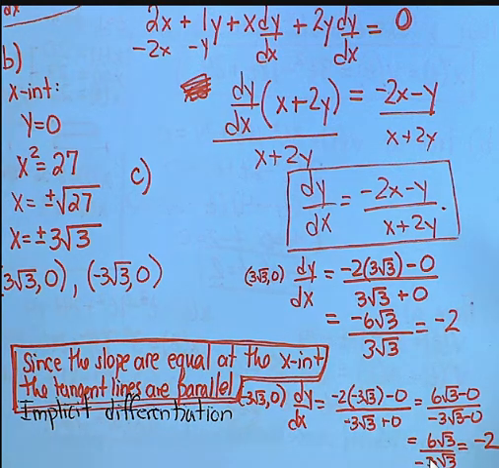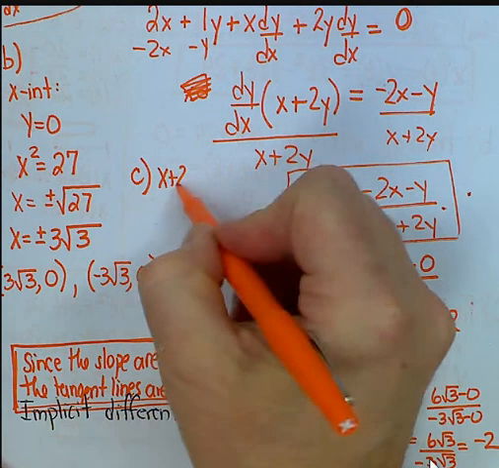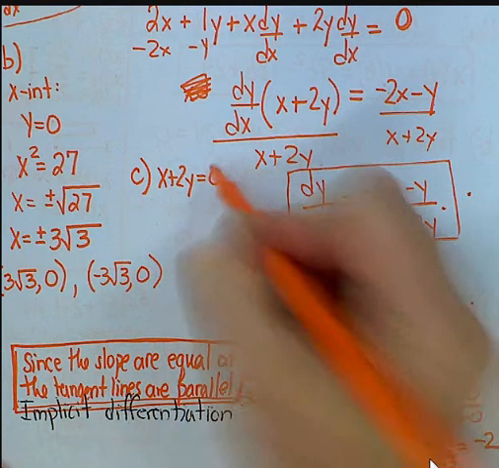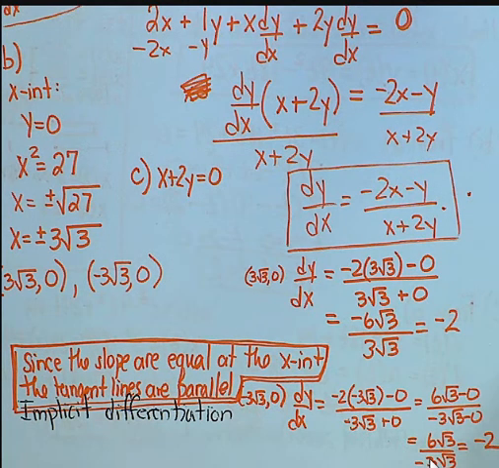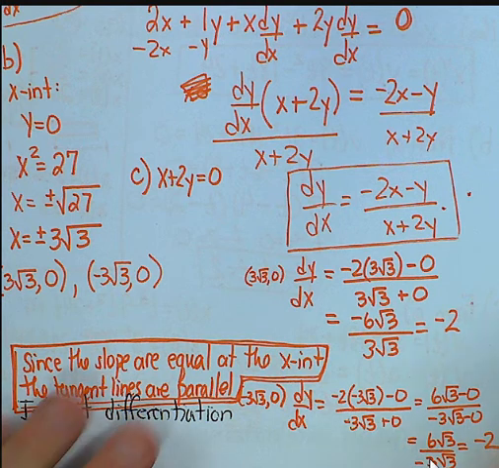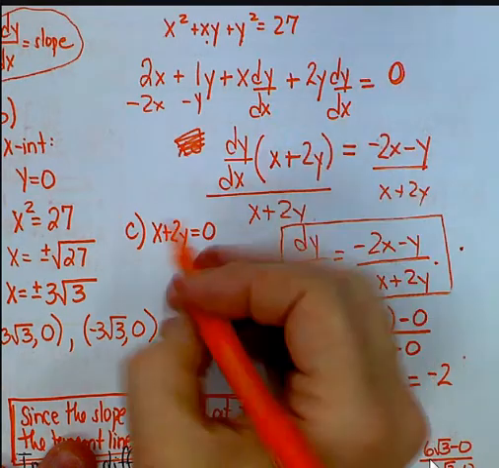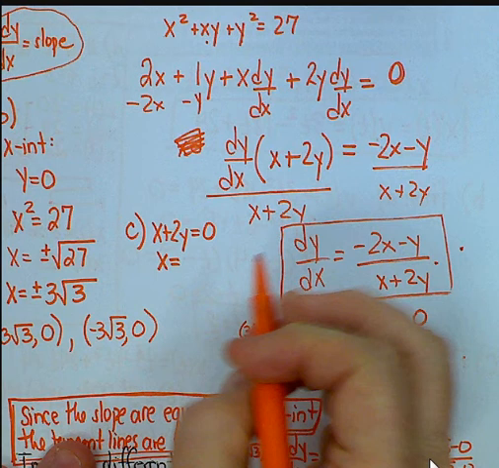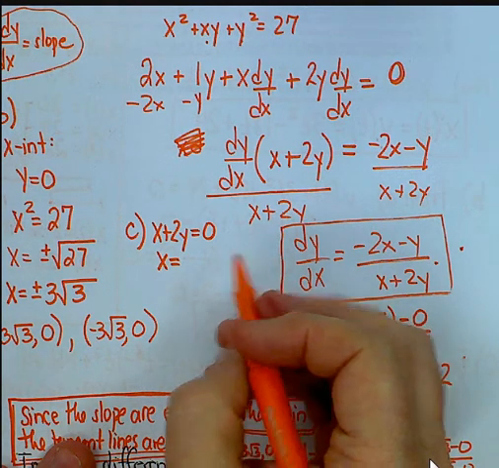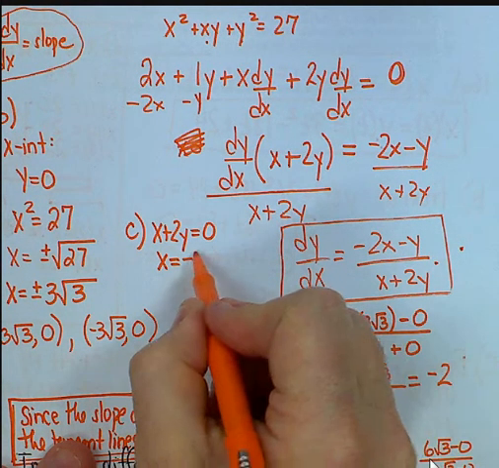So here's my slope. The only time I can have vertical tangent lines is when this thing becomes undefined, which means what has to equal 0? So x plus 2y has to equal 0. So that's going to be what x is going to equal? Negative 2y.